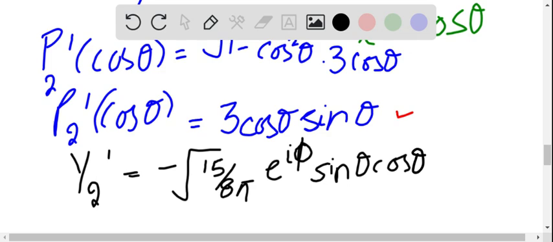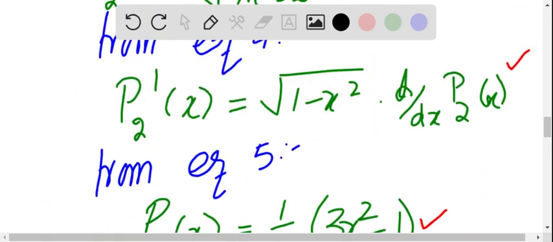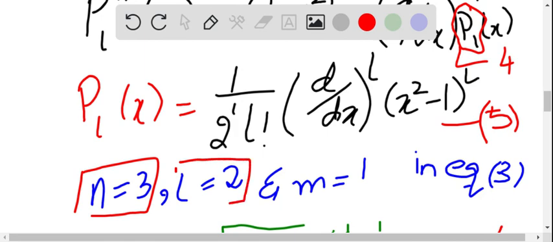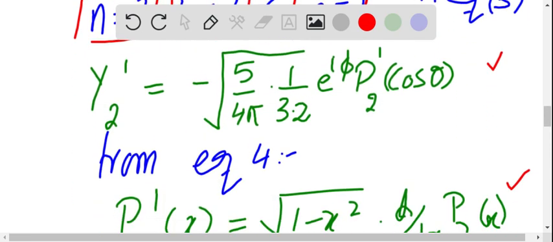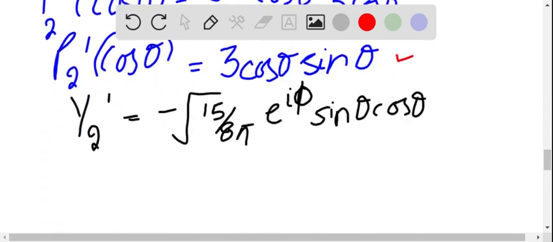Now what we are going to do is that we have the given state of hydrogen, that is n equal to 3, L equal to 2, and M equal to 1, right? So for that we need to go back to equation 2, right?